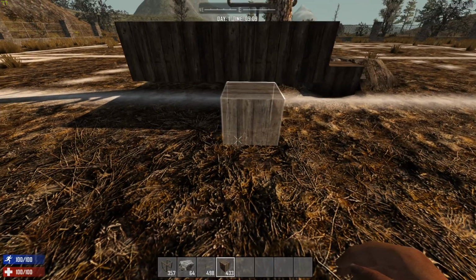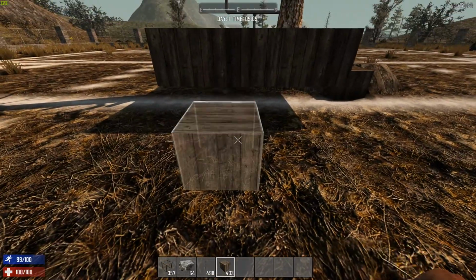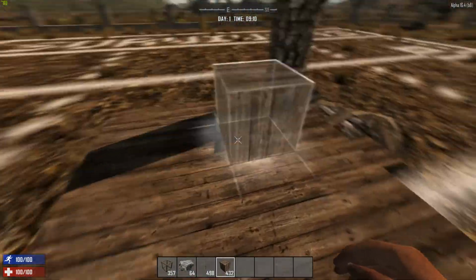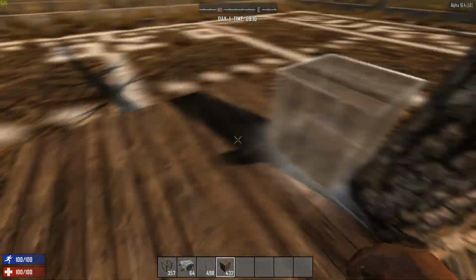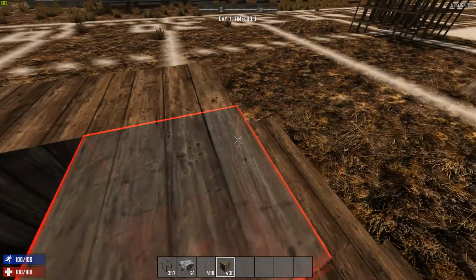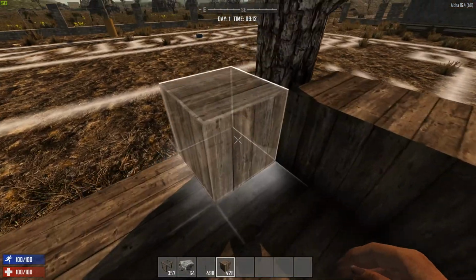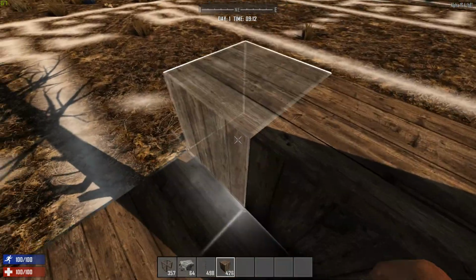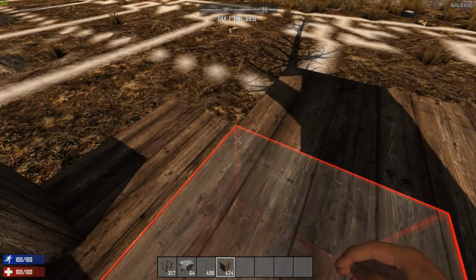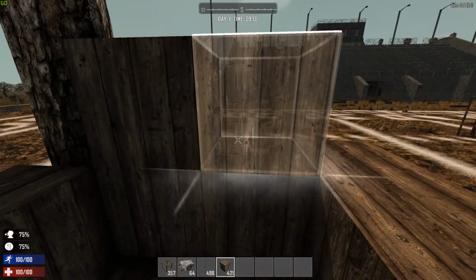Let's get our entrance again. Okay, so remember, 2 more blocks, the whole thing will collapse. So let's start to put our walls. So 3, 4. Interesting.